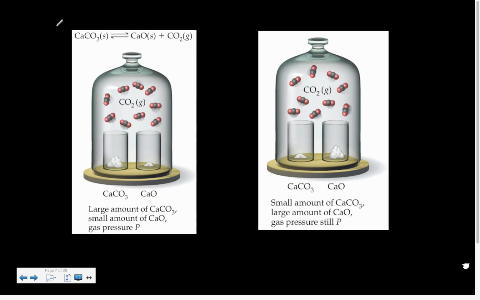As a point of reference, here is this equation, where we have a pure solid and a gas, which means that the K expression here is actually K equals the CO2 concentration. Which means that as long as I have some of both of these present, I will reach equilibrium, and that equilibrium will be represented by the same amount of CO2, which is what this picture is hoping to convey.